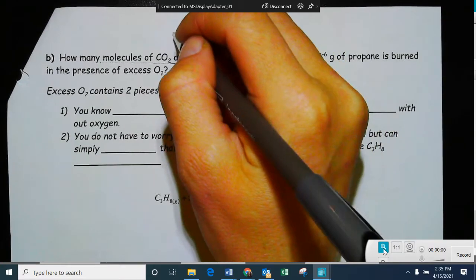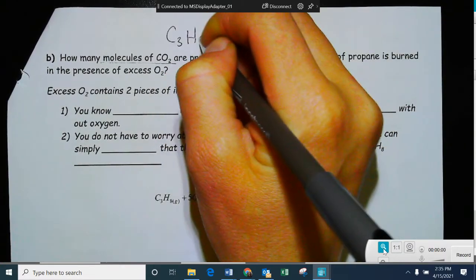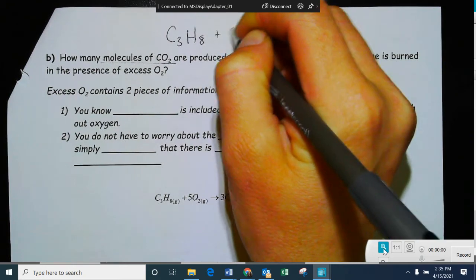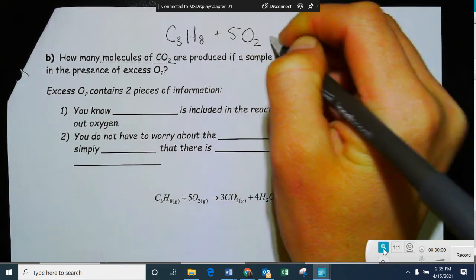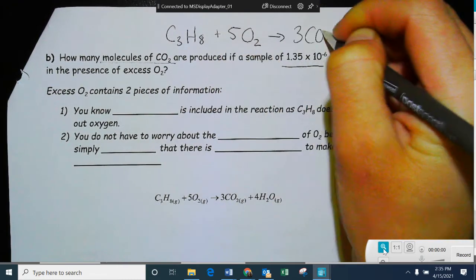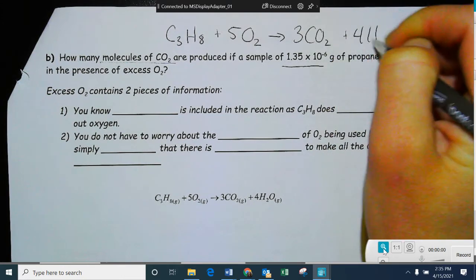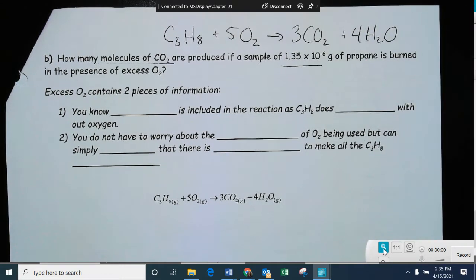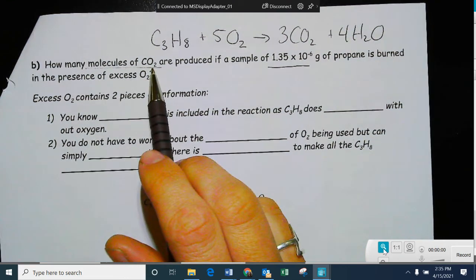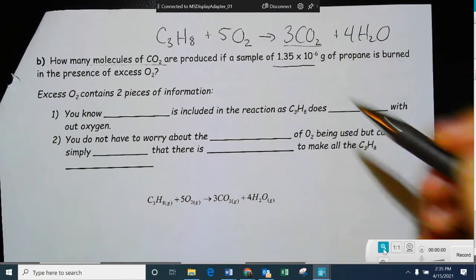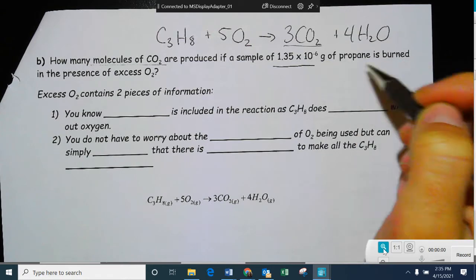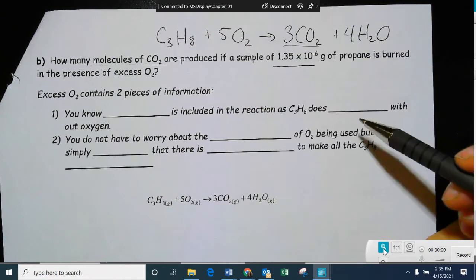It is C3H8 plus 5O2 yields 3CO2 plus 4H2O.